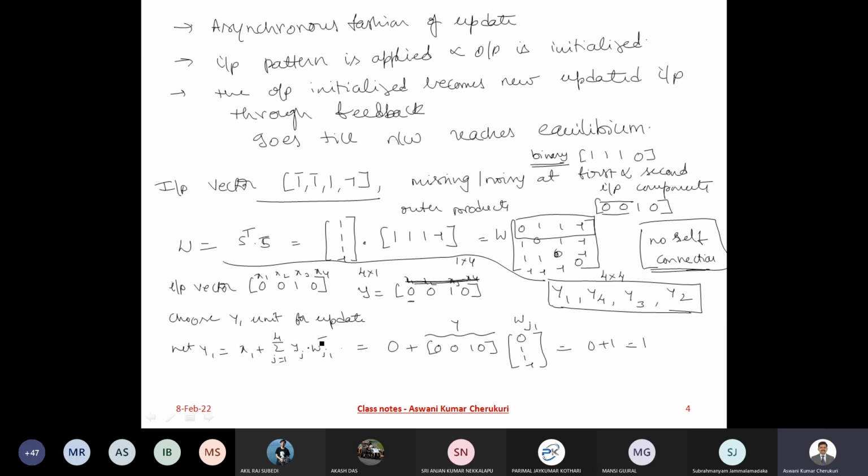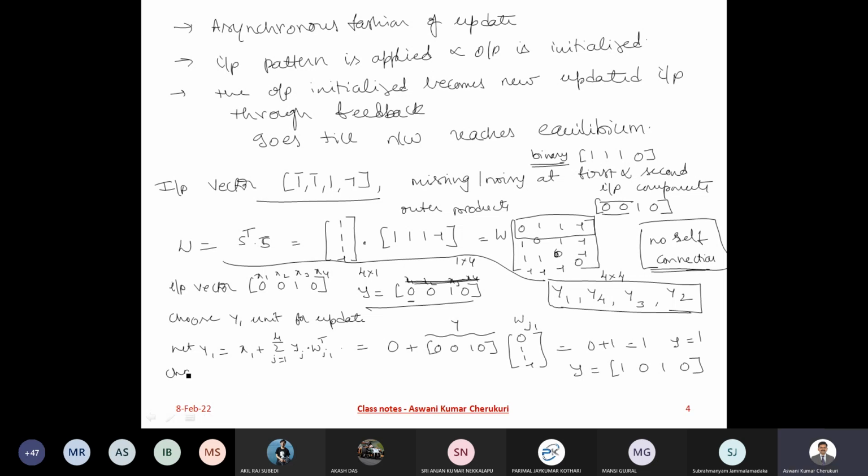So when your net input is 1, you know what the output is. What is the output as per the activation? The output is also 1. So with output 1, how is your y going to get transformed? As 1 0 1 0.